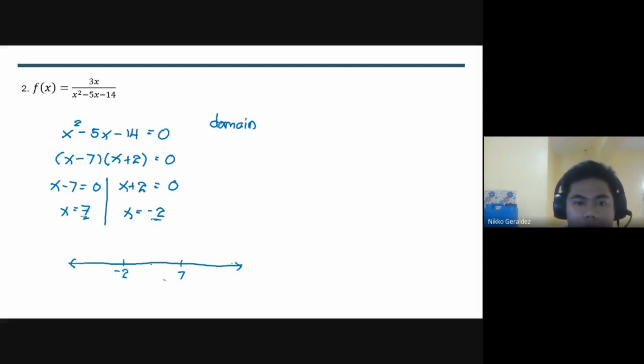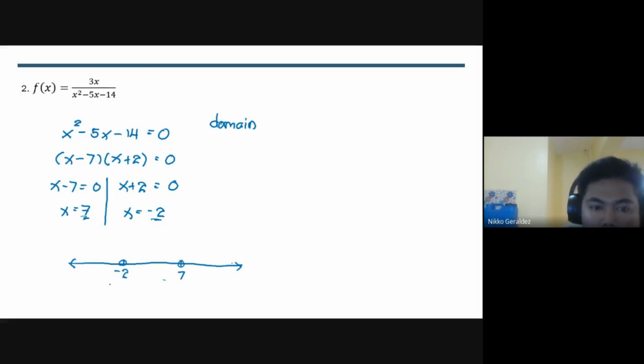Kuha ka ng test point dito. Diba, 0. Ano pag 0? So, hindi magsi-0 si denominator. Pag 8, kumuha ka ng 8 dito. So, hindi 0 si denominator. So, only negative 2 and 7 will make the denominator 0. So, they are not included.